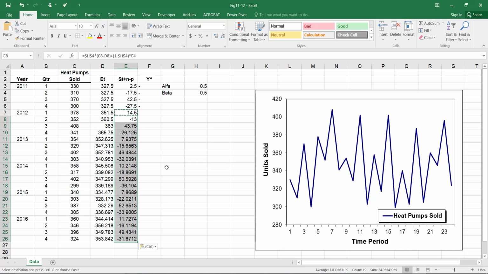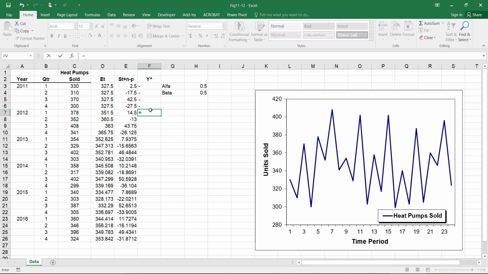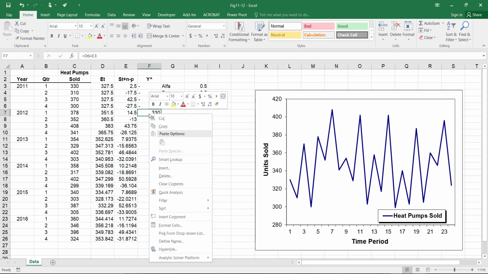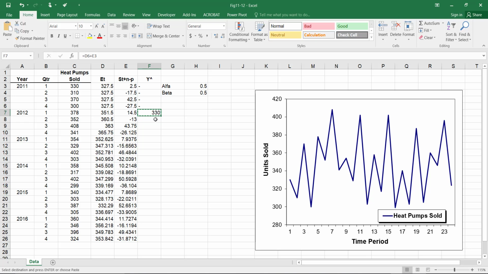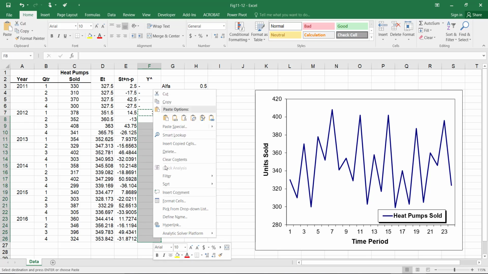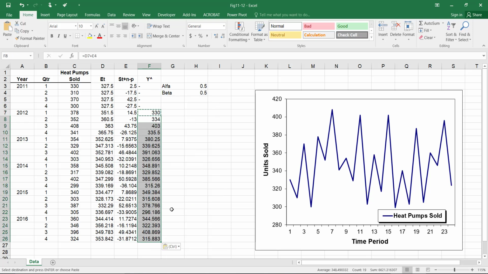Now the forecasting becomes equal to the value that we have for period t minus 1 plus st plus n minus 1. So this value, and then we use it for all of the times that we have, so we can copy as an equation.